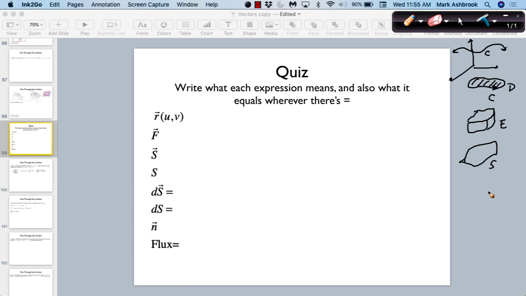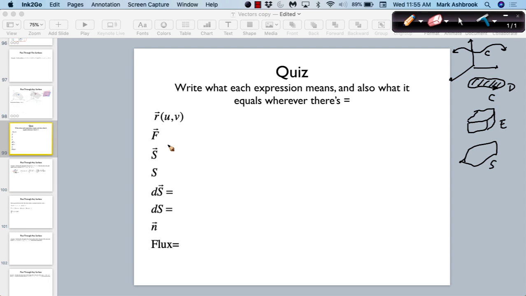All right, before we start this, let's do this first. What is our r(u,v)? It's the parameterization of a surface, right? It takes two variables to parameterize a surface. What about F? This is the vector field that we're in.